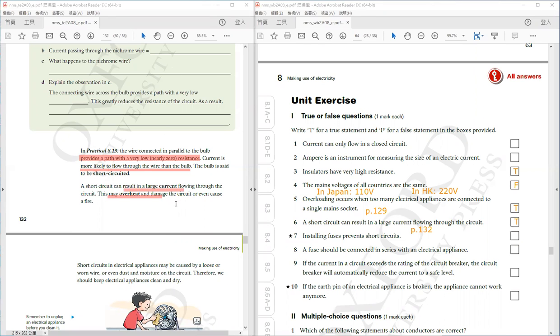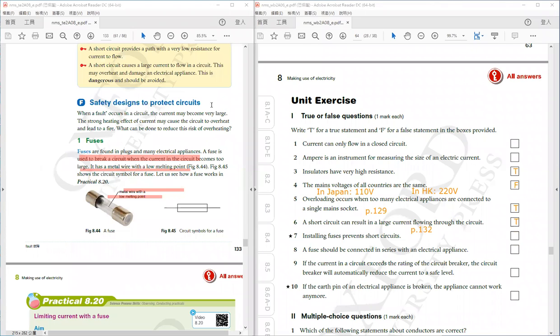Okay, so next one, installing a fuse does not prevent short circuit. First of all, I have to tell you the answer is false. Why is it false?